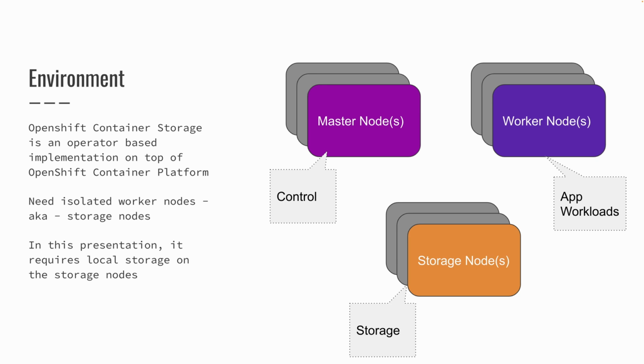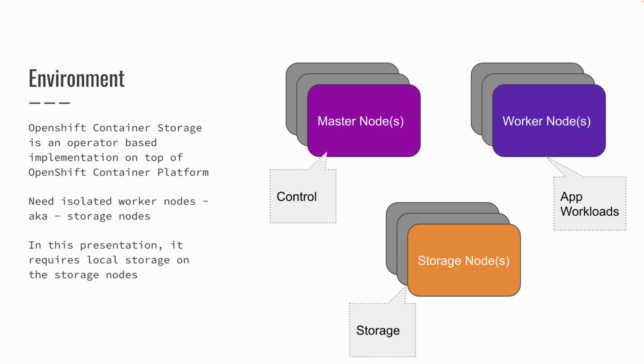And so there are 9 virtual machines created. And out of those 9, 3 of them are marked for control purposes, that is master nodes. And 3 of them are dedicated for OpenShift Container Storage. And then the remaining 3 are dedicated for my application workloads.